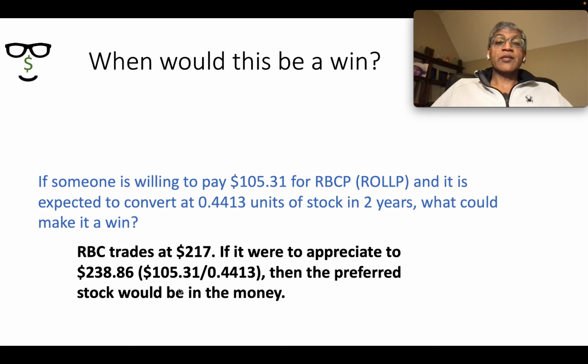And the answer is they think that maybe the 217 will become 238 and then their preferred stock will be in the money and they think they are buying low and selling high. If you were to have completed your research and you thought that their stock was going to go from 217 to 238, I suppose you could buy the preferred today and wait for it to go up. That would be one justification as to why they would win that.